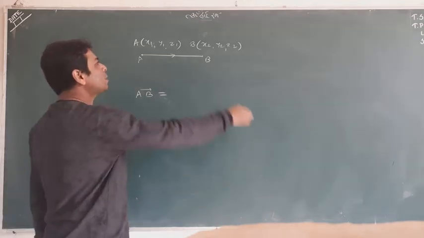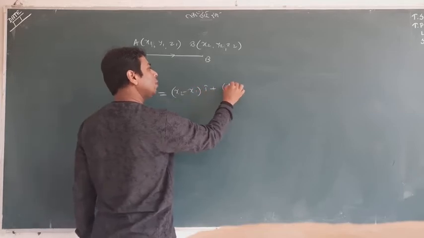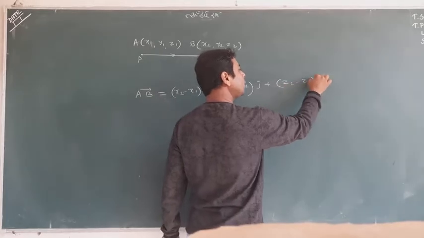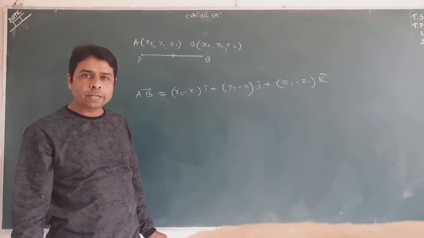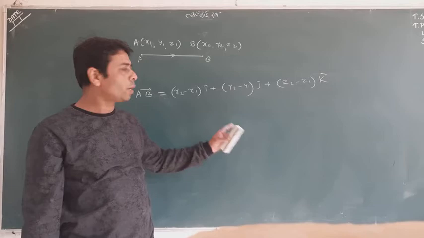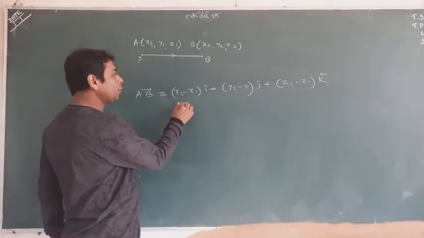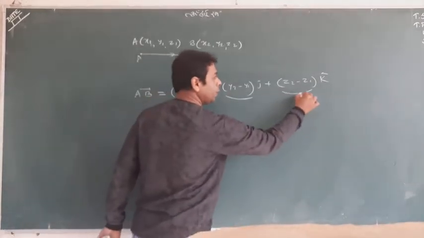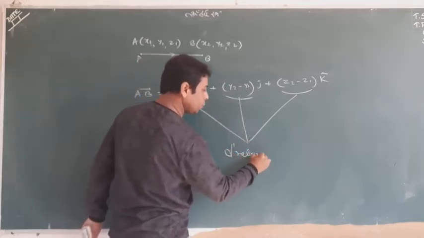You remember? (x2 minus x1) i, don't forget, plus (y2 minus y1) j, plus (z2 minus z1) k. This is the way of finding any vector when two endpoints are given. A given, B given, you can find vector AB. And I taught you the coefficient of i, coefficient of j, coefficient of k are the direction ratios of AB.